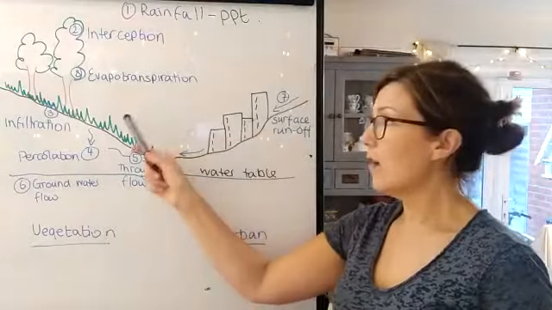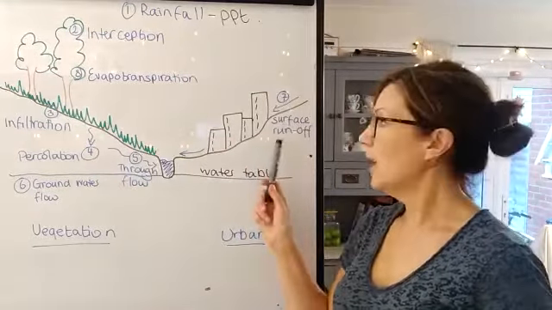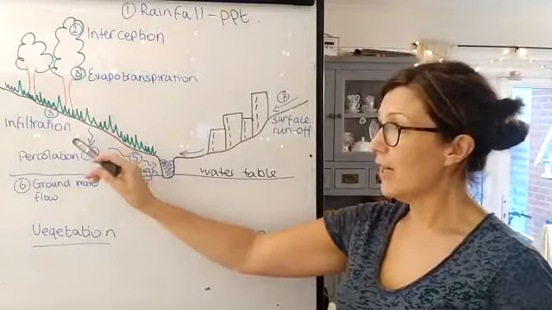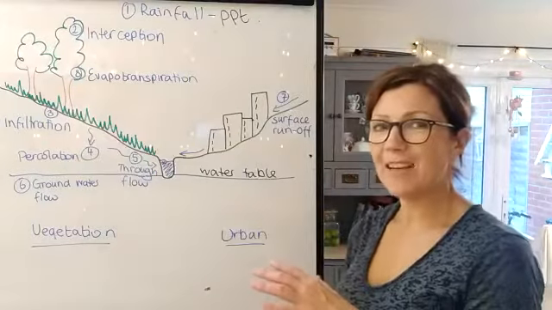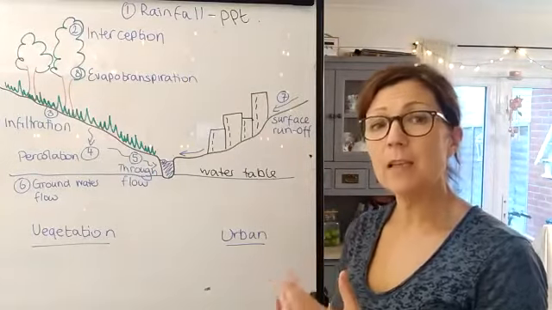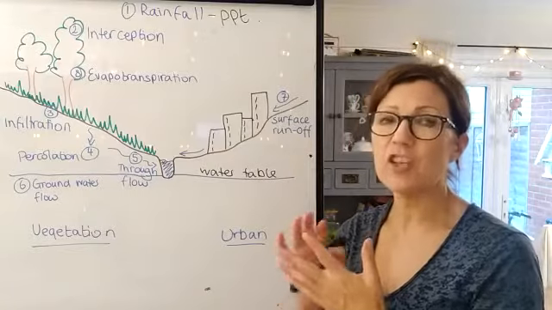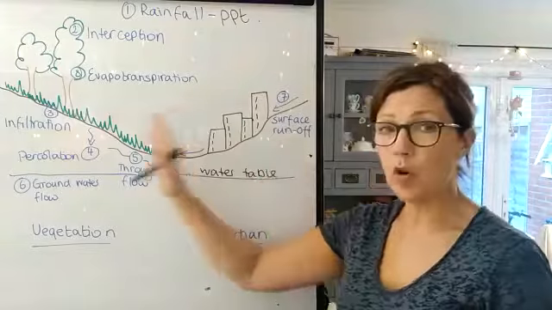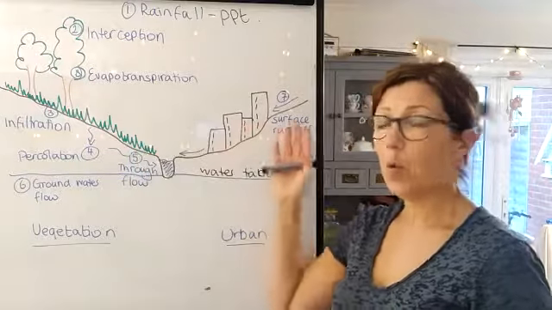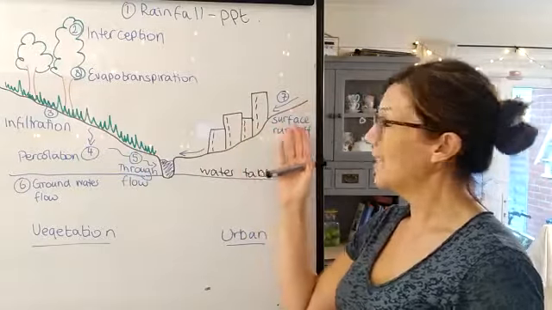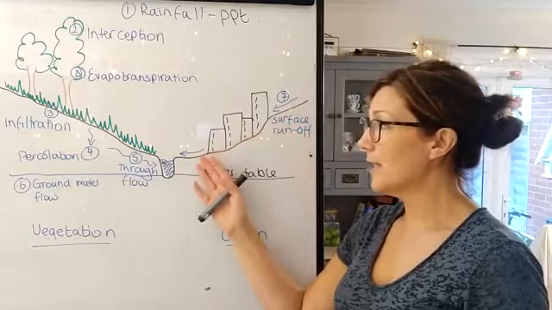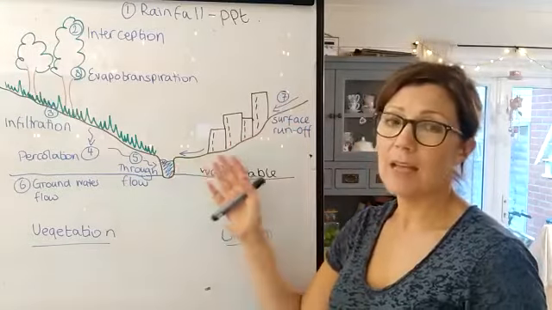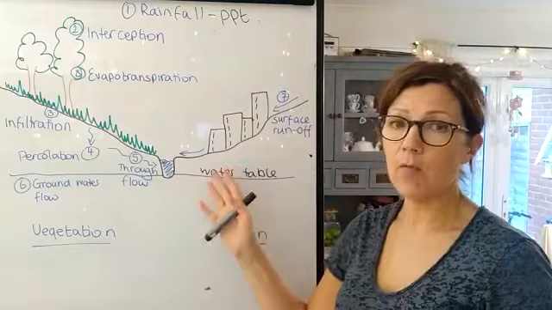So whether the surface is natural or not natural, if the water can infiltrate, that's great. If the water cannot infiltrate because for whatever reason, soil type or saturation or geology, it's hard impermeable rock, then that water will not be able to infiltrate. So that water will move as surface runoff and will get into drains and into the river channel a lot quicker. So that river will flood.